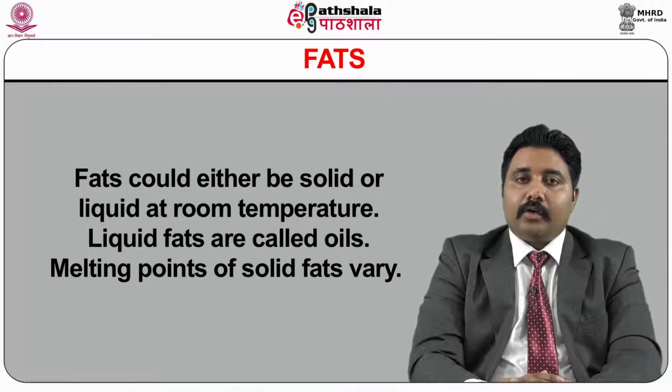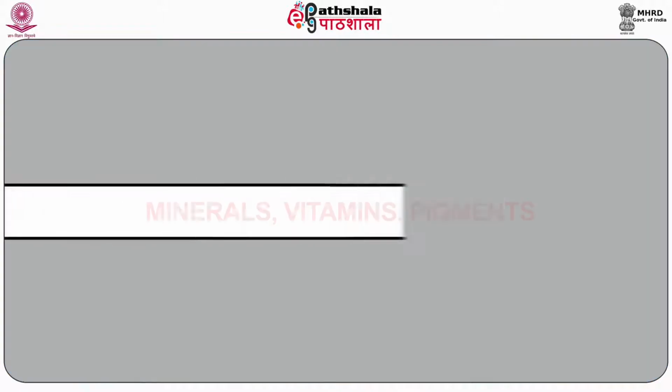Liquid fats are called oils. Melting points of solid fats vary. When fats are heated, they begin to break down. When hot enough, they deteriorate rapidly and begin to smoke. The temperature at which this happens is called the smoke point, and it varies for different fats and oils.